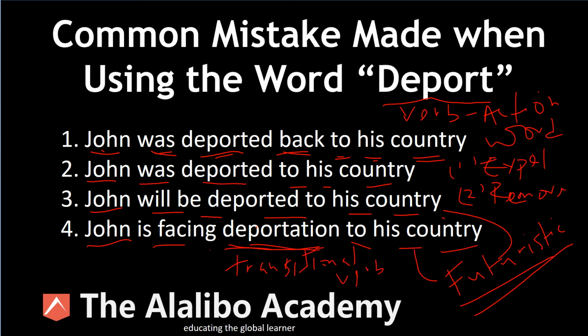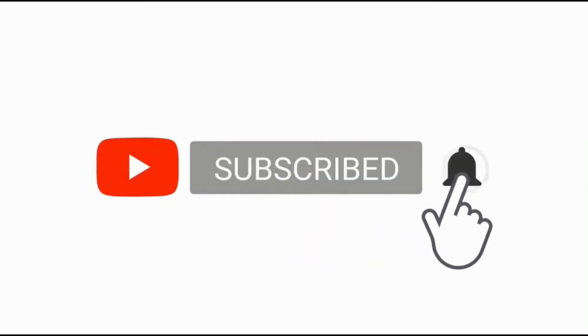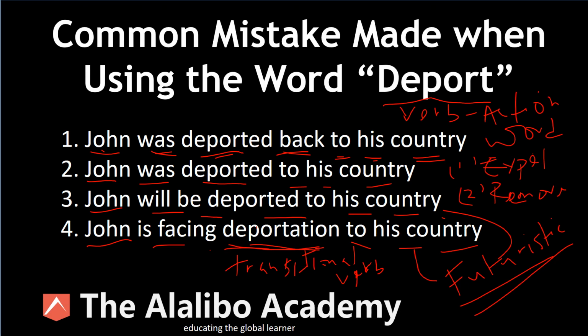So deportation is a transitional verb, which is the action of actually sending the person to their country, expelling the person from one country and sending that person to the country where they came from, right? So that's deportation.